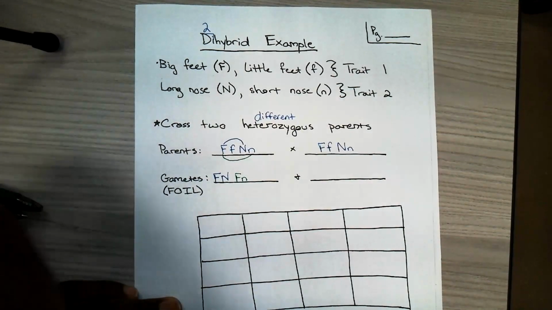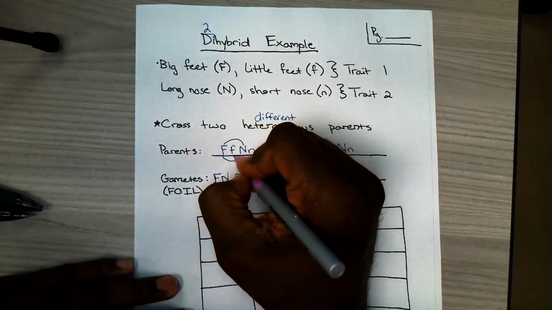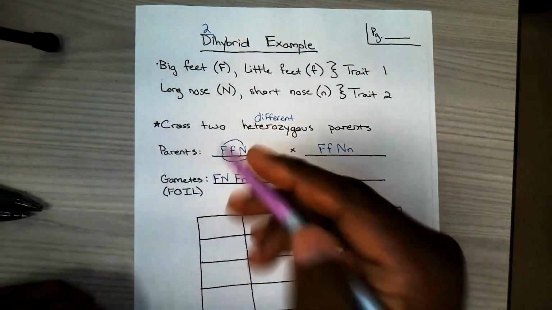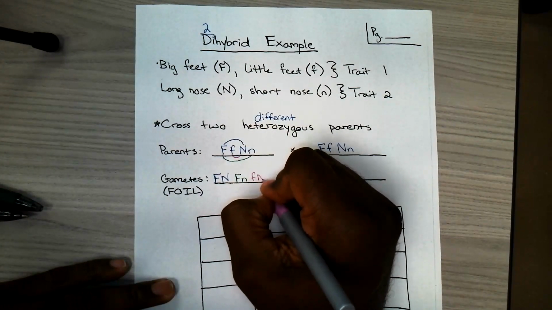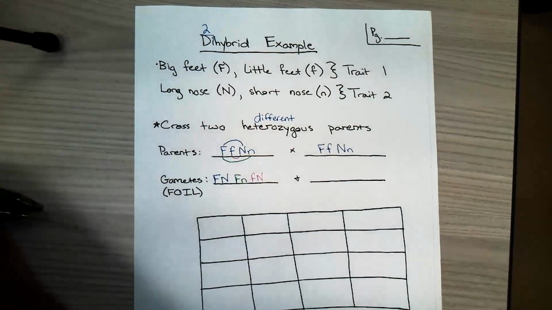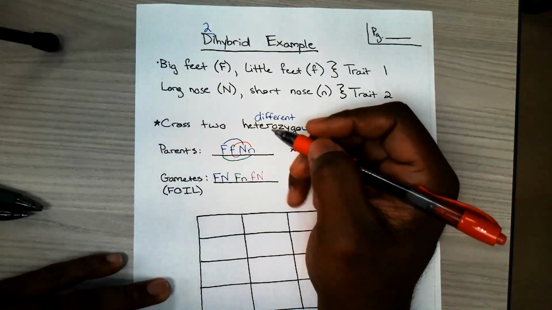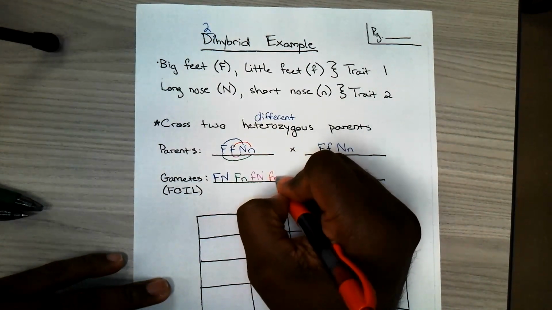We're going to go inside here, which gets us little f, big N. And then we're going to go last here, which gives us little f, little n.